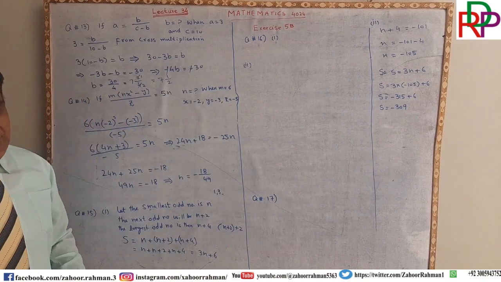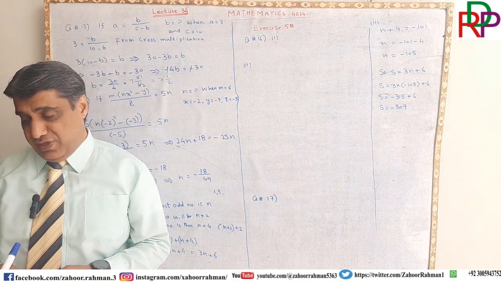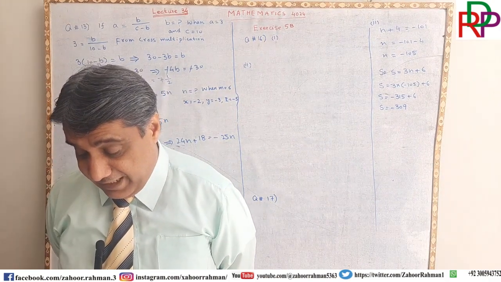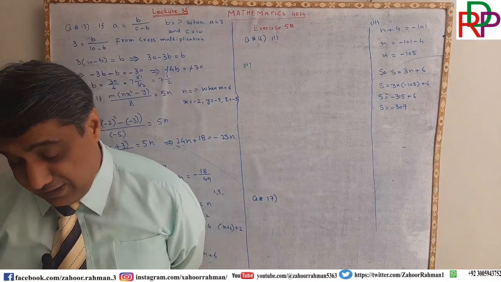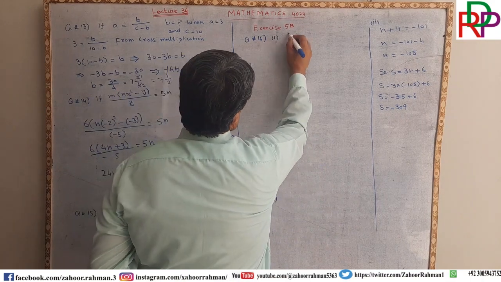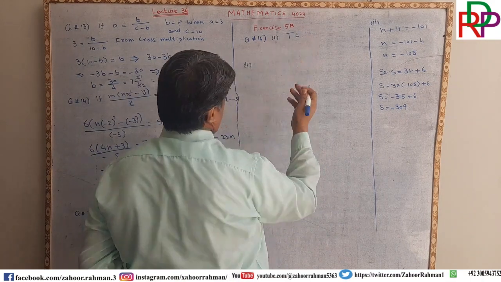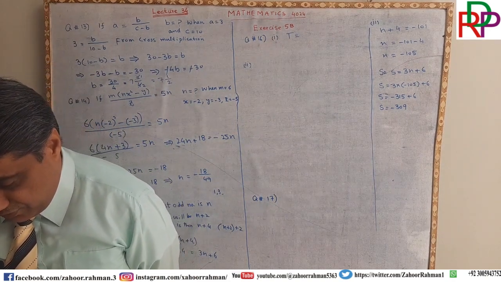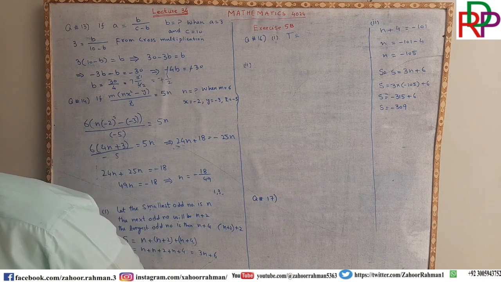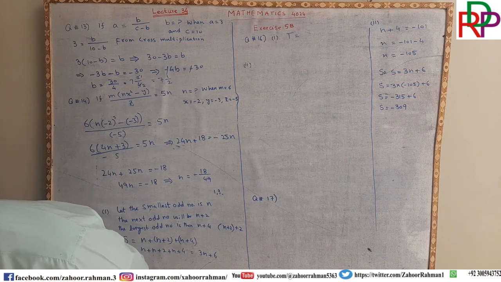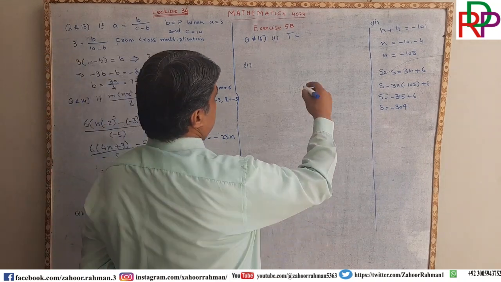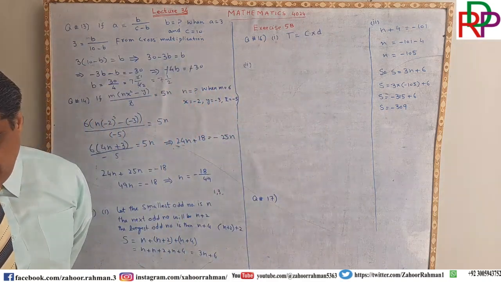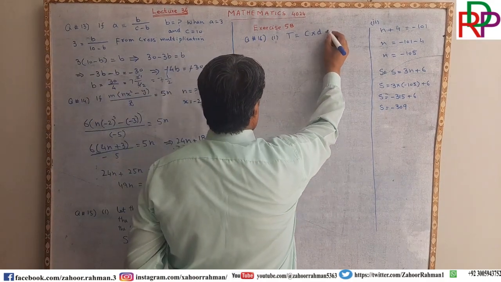Now we are turning to the advanced level questions, and question number 16 is saying to find a formula for the total cost T. So we are writing T because this is the total cost, and they gave us C pens at $D. So it means C pens at $D. And we have to find the sum, so we have to write plus.